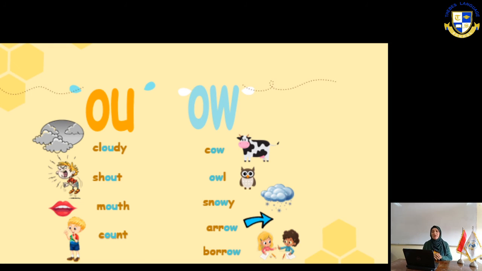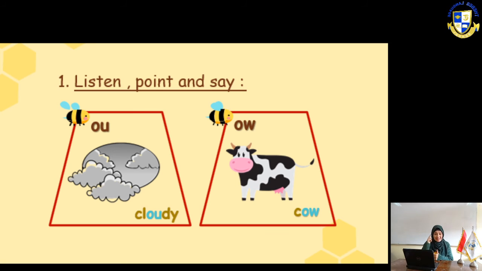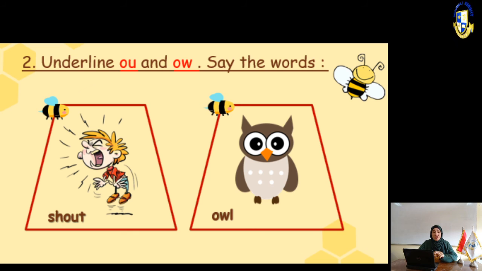The next slide, exercise number 1, listen, point and say. Cloudy, lots of clouds in the sky. Cloudy. We have here O-W, cow. The next slide, exercise number 2, underline O-W and O-U.